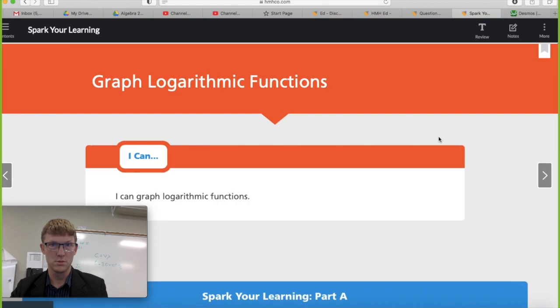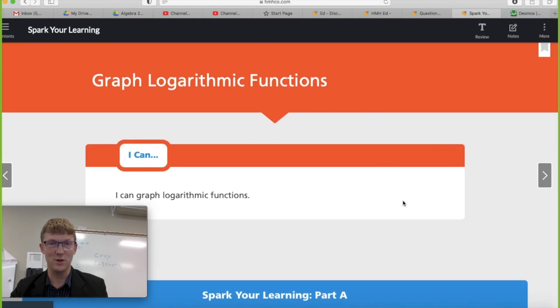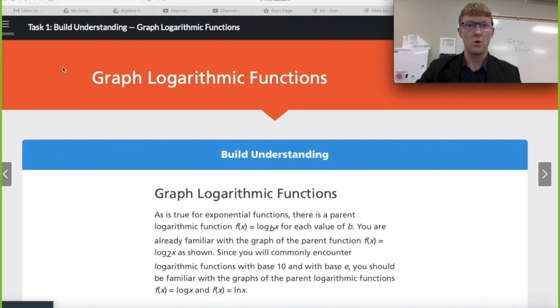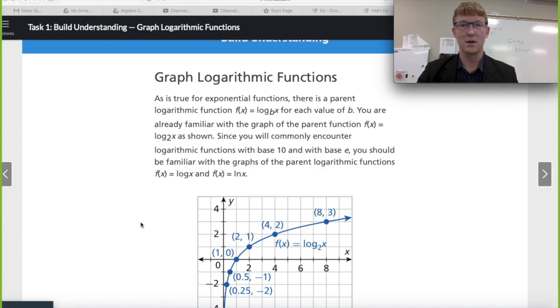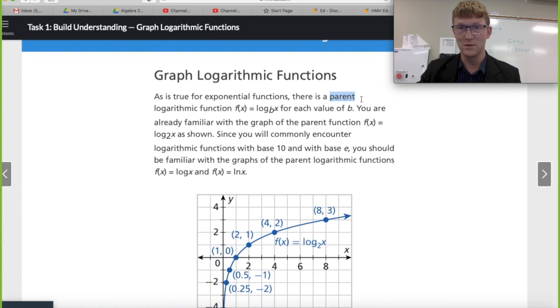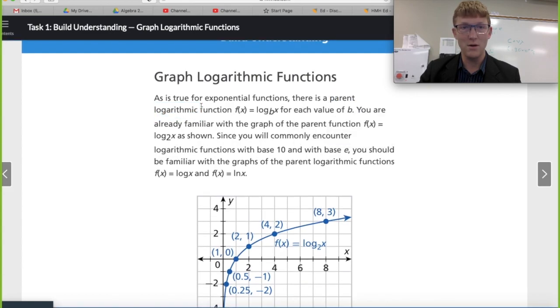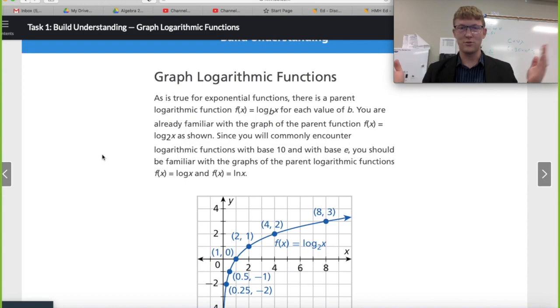So let's graph these things, shall we? Hopefully some of this is going to sound familiar. Graphing logarithmic functions. Just like our exponential functions, logarithmic functions have parent functions. These parent functions can then be translated up, down, left, right, squeezed, or stretched into whatever function we're actually looking at.